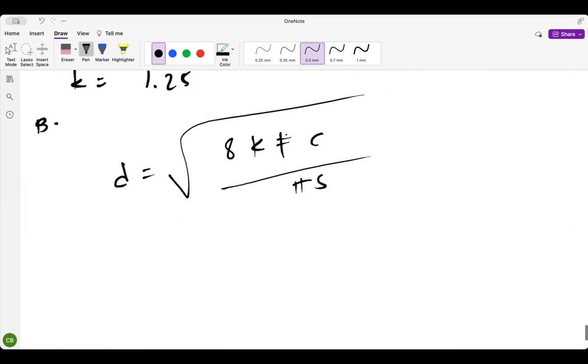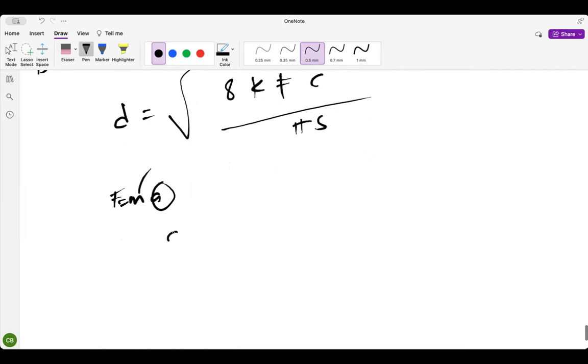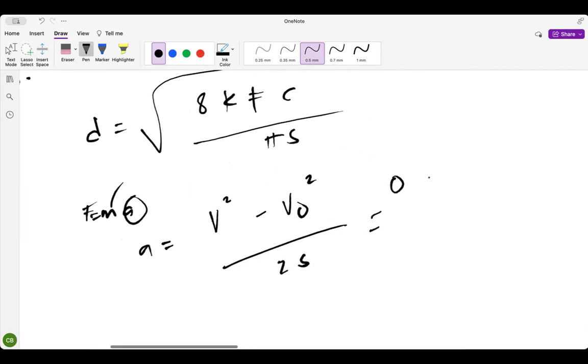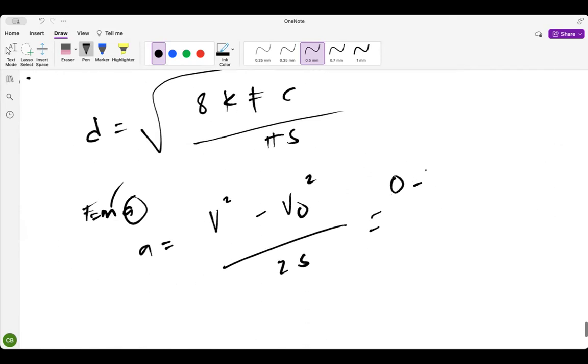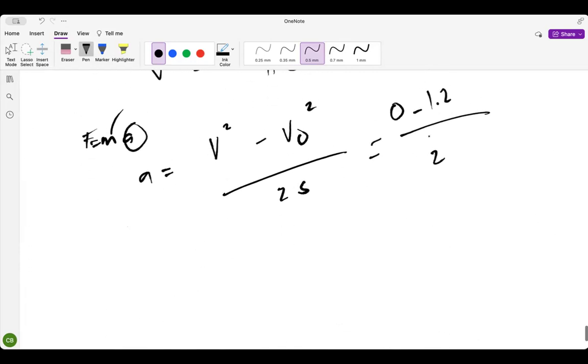We don't have the force, but F equals m a. We don't have a, but we have m. So a is equal to the final velocity squared minus the initial velocity squared over 2s, the distance: 0 minus 1.2 squared over 2 times 0.2.